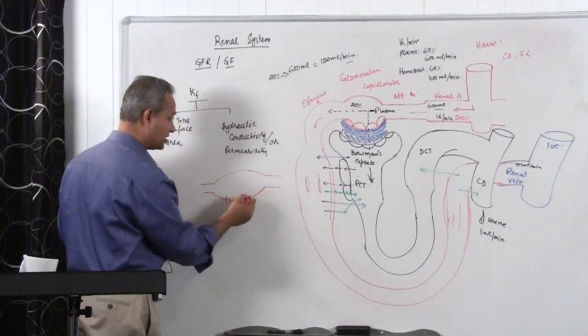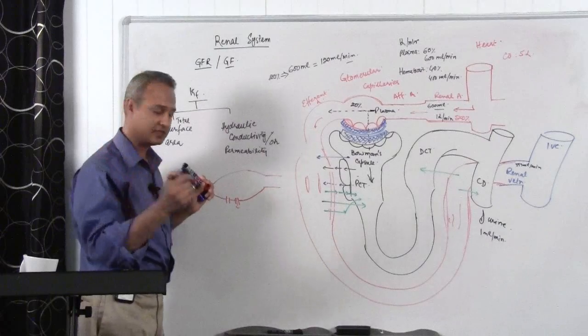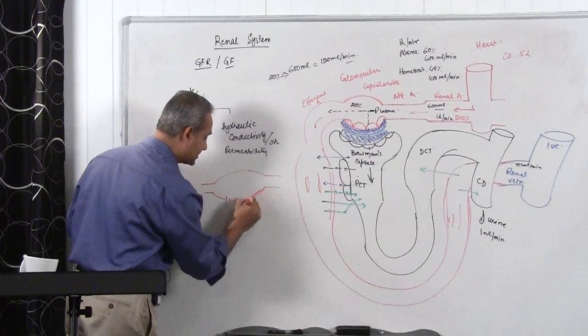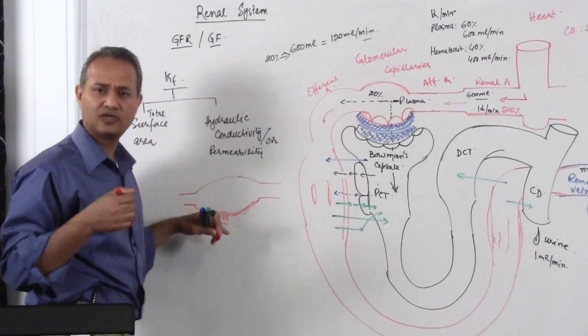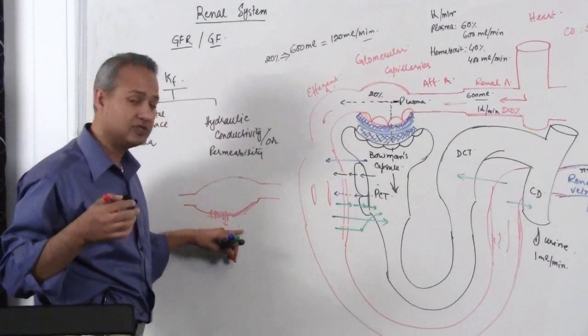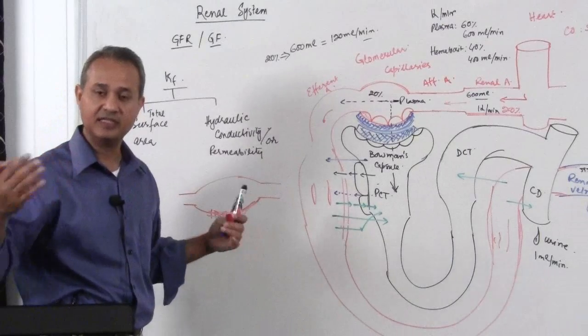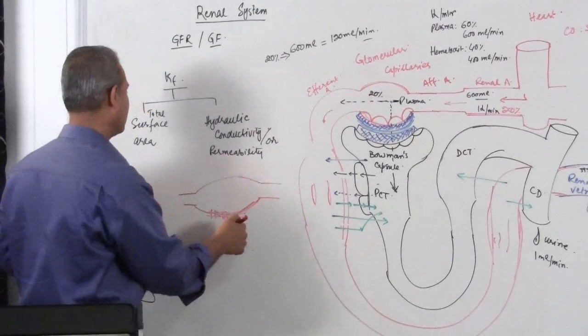Or if the damage occurred due to infections, pyelonephritis, that caused at the end of the day scarring in this area, then the channels are damaged, right? So this is not going to happen: today I have a damage to the channel, tomorrow the channel reappears. That will not happen. That is why this is sort of a constant.